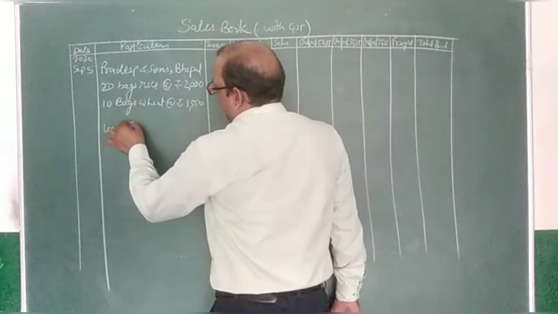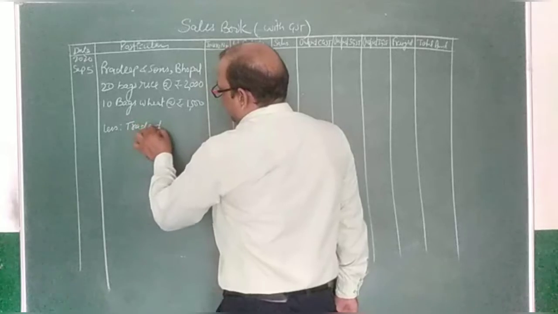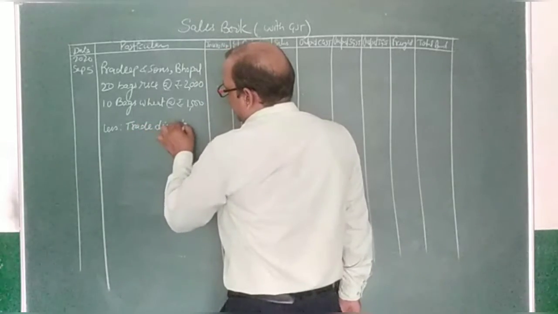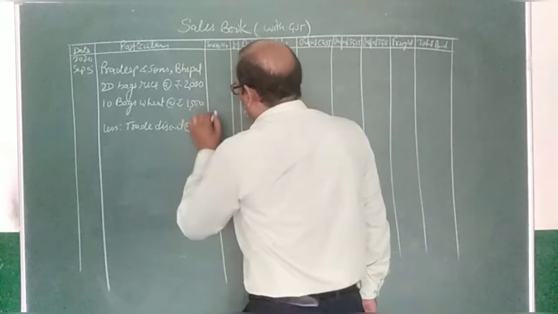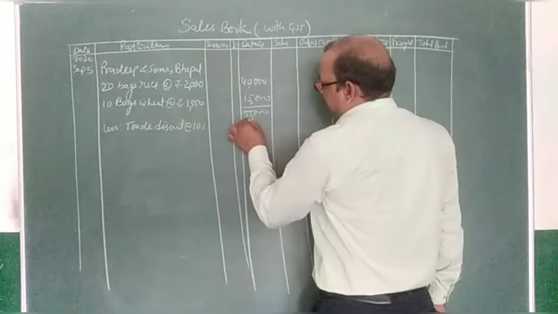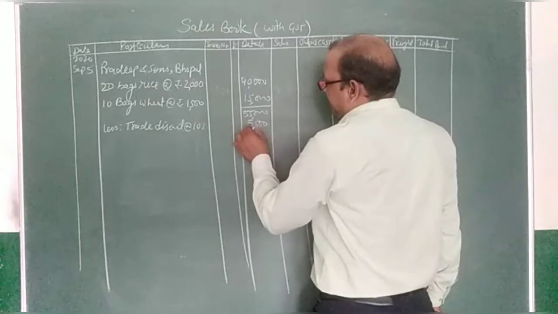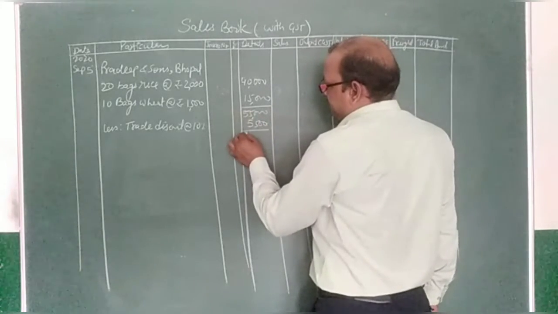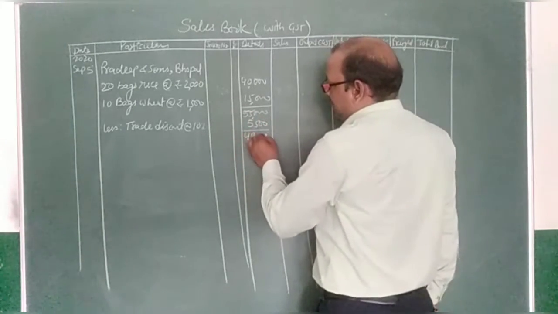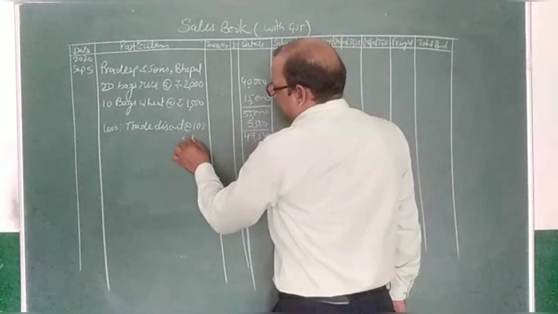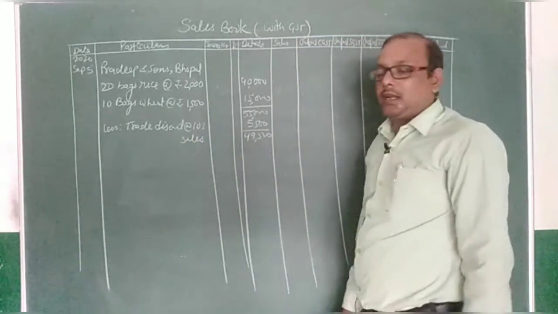If you are providing him trade discount at the rate of 10%, then 5,500, so it is 49,500, its amount of sales.